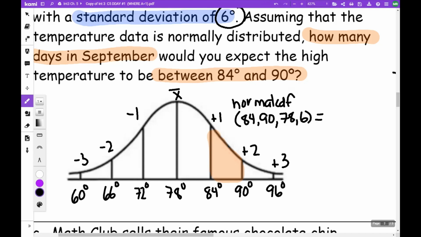And when we put that into our calculator, we end up getting 0.1359, which is about 13.59%.